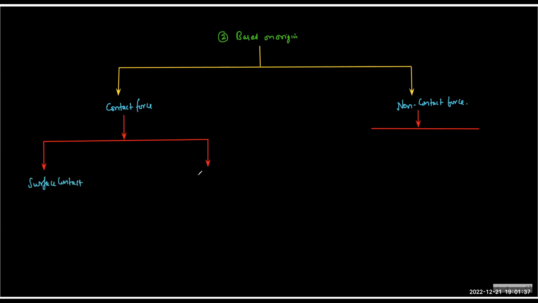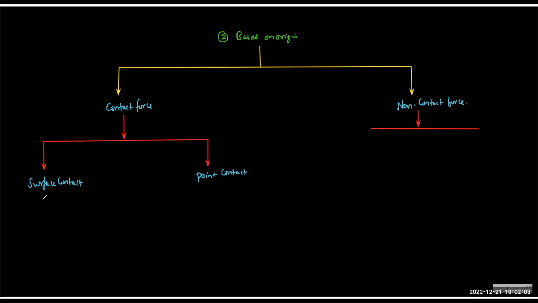Another is called point contact. For example, technically, if you tie someone with a thread and try to pull the string, the string will be pulling at a point actually. So we name it point contact. So we have further classification.